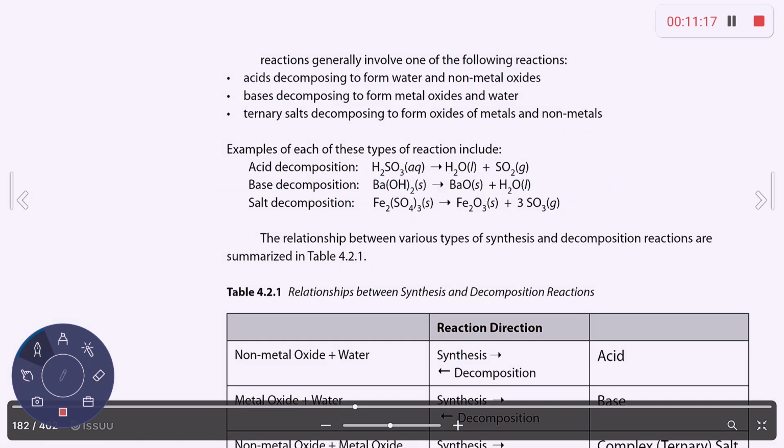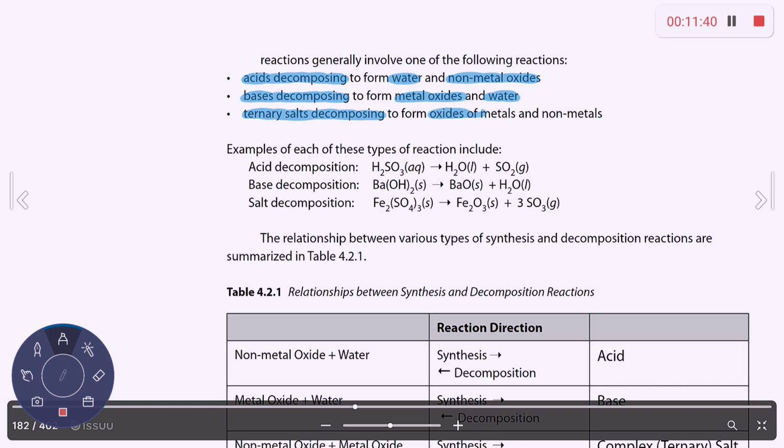The reverse of the reactions that we spoke of on the previous page for synthesis reactions. Here we have an acid decomposing, we have a base decomposing, and then we have that ternary salt decomposing. So the acid forms water and a nonmetal oxide. The base forms a metal oxide and water.